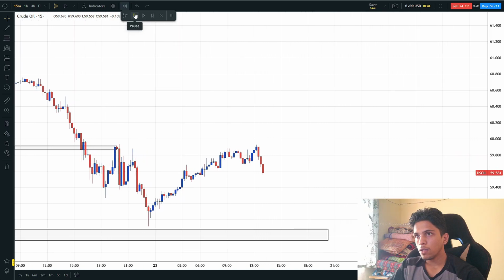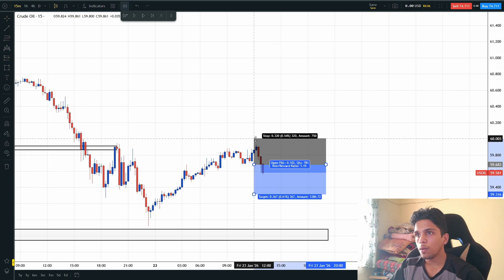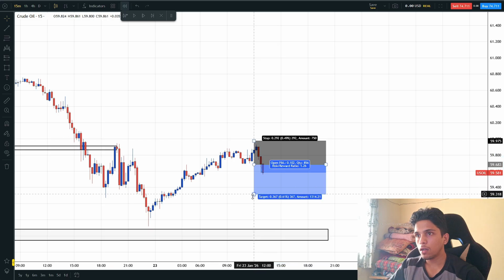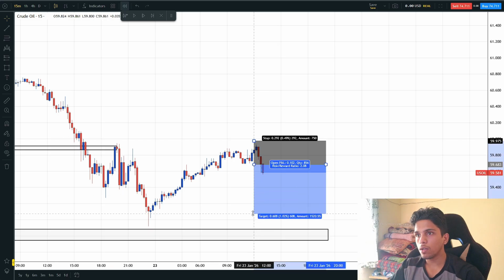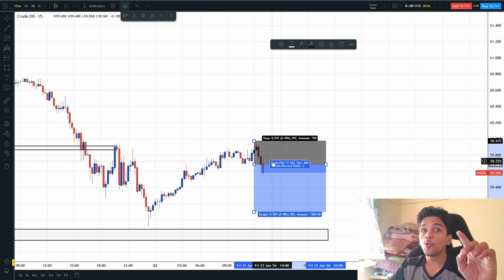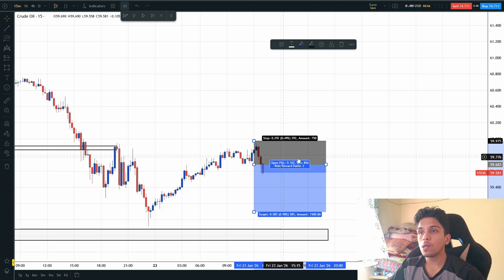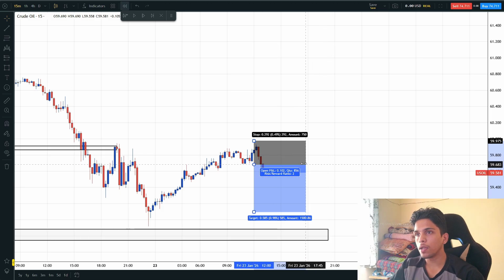So as you can see here, I wanted to take a shot from here based on this SL. Why I wanted to take a shot, I will explain that. If you are doing scalping, 1:2 is very good for scalping.